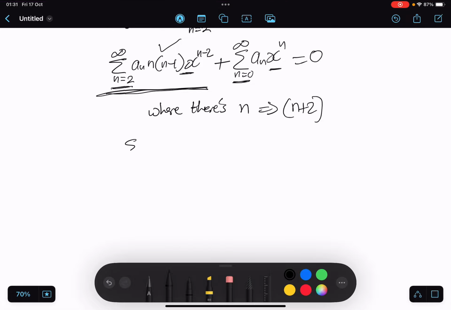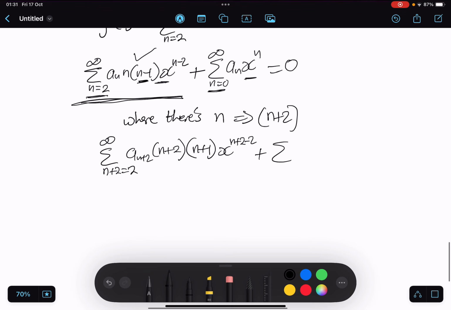So this is going to be the summation where n plus 2 equals 2 to infinity of a_(n+2), (n+2), and if you add n plus 2 here, you're going to have (n+1), and this is x^(n+2-2), and then plus this term, which is just a_n x^n, equals 0.